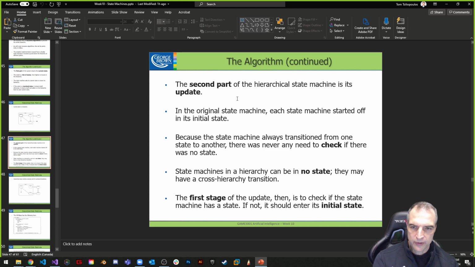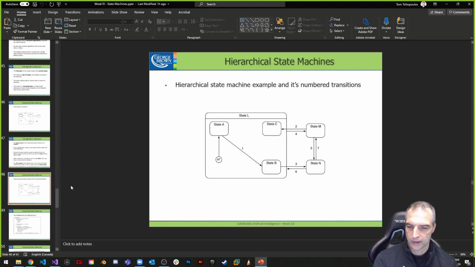So again, the second part of the hierarchical state machine is the update function. We want to check every frame to see if we can transition from one state to another. Here's an example with numbered transitions. We have a transition that goes from state A to state B, and this is transition 1.